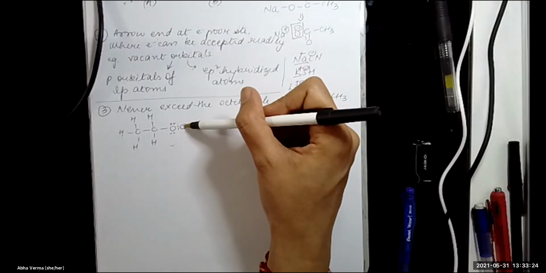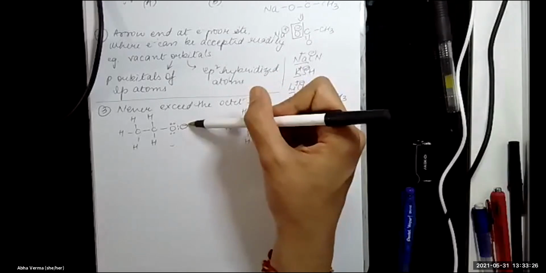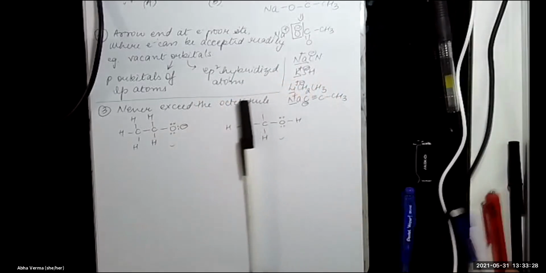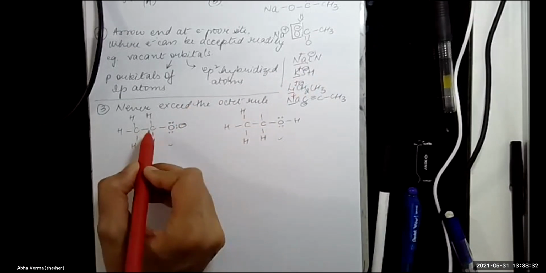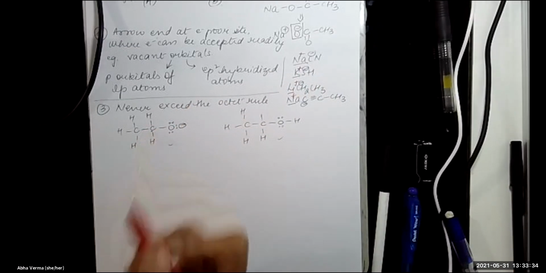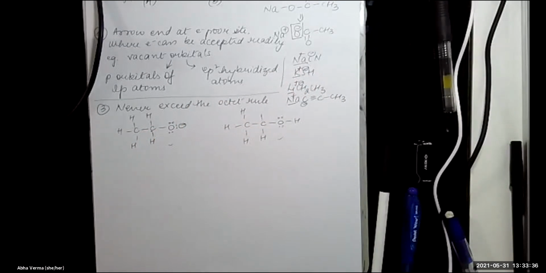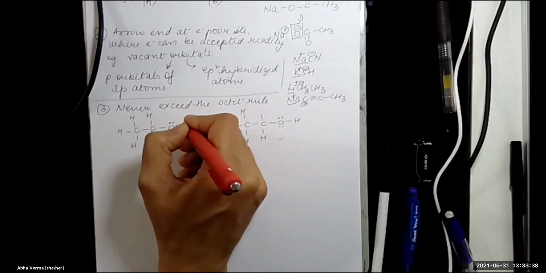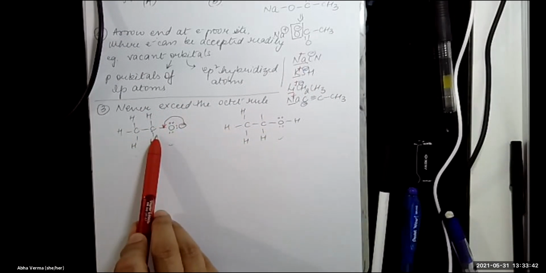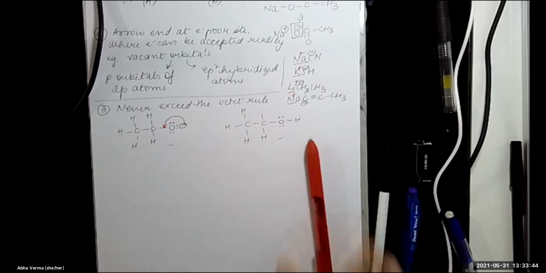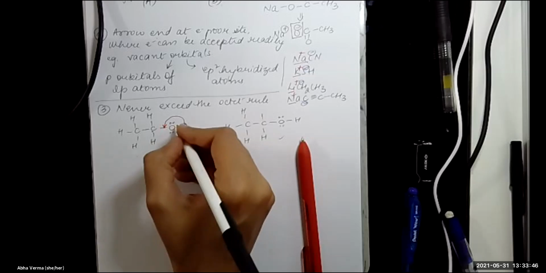There is no doubt about it. But can this move to this oxygen? How am I going to move the electron-rich site, making my carbon the electron poor site? Electron rich goes to electron poor. If by chance I can do this, what is going to happen?